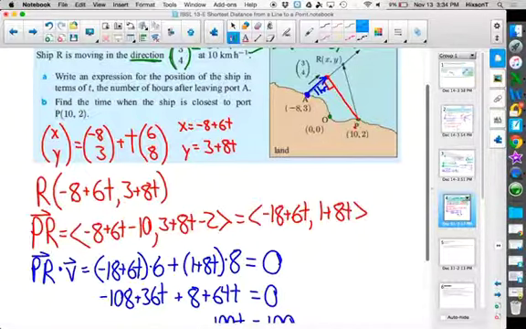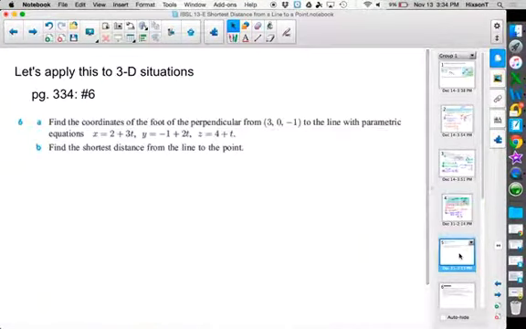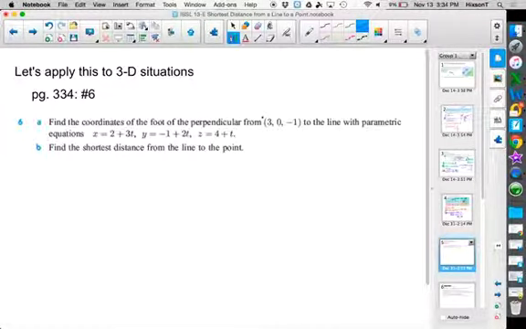All right. Now, I gave you some practice here. Okay, here's the one with 3 dimensions. It's the same principle. We would find the vector from here to this line. Okay, we would also identify the velocity. The velocity here would be 3, 2, 1. Look at the coefficients of t. All right?